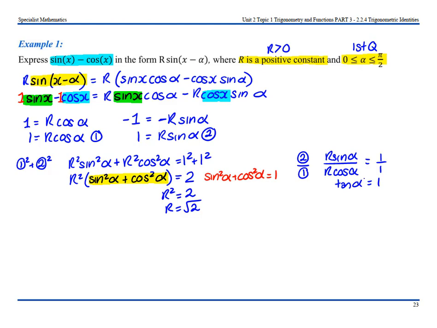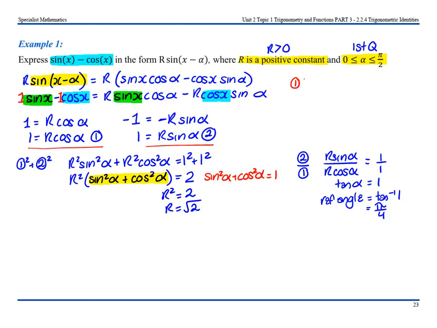I need to now work out what my alpha is. My reference angle for tan of alpha equaling 1 would be tan to the minus 1 of 1, which is pi on 4.